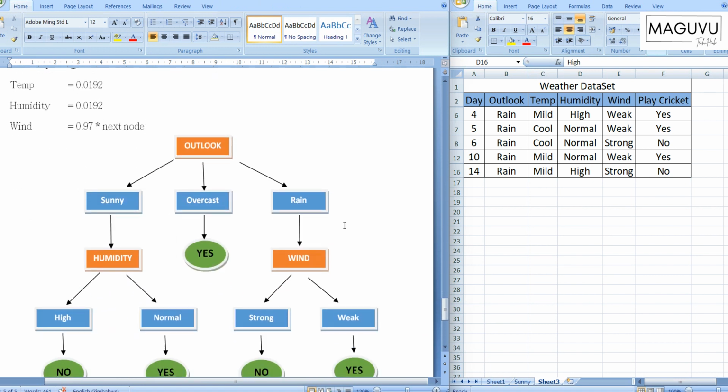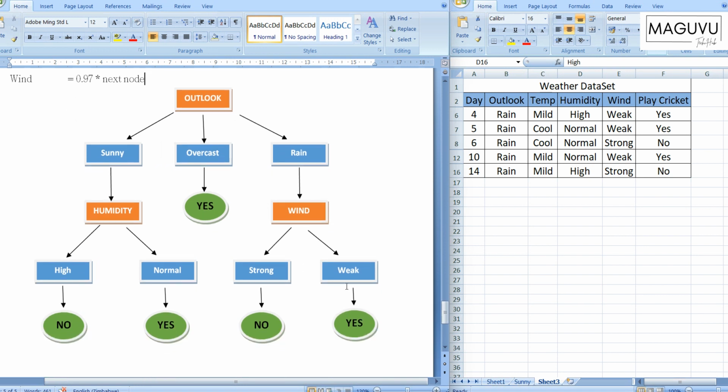So we see that if we are at rain, we take wind as the node with information gain. Wind has two values, strong and weak, which become our branches. At strong, according to our results, we cannot further split, and at weak we cannot further split either.